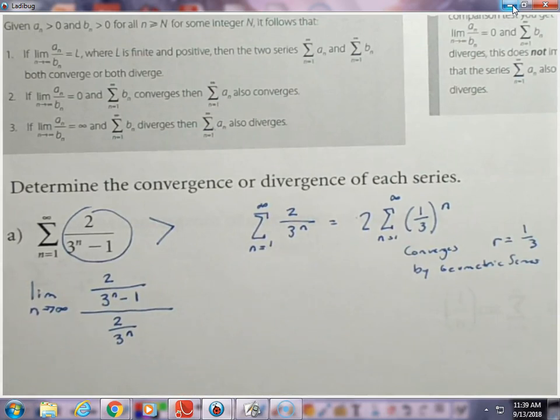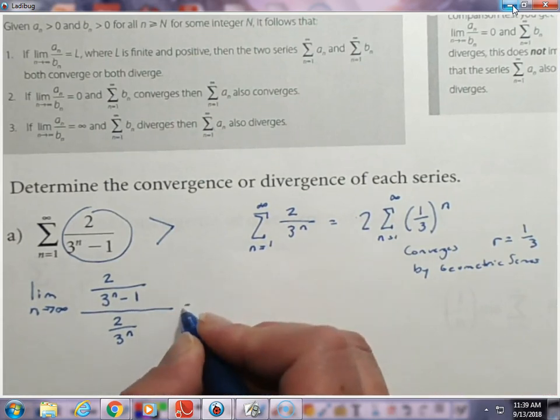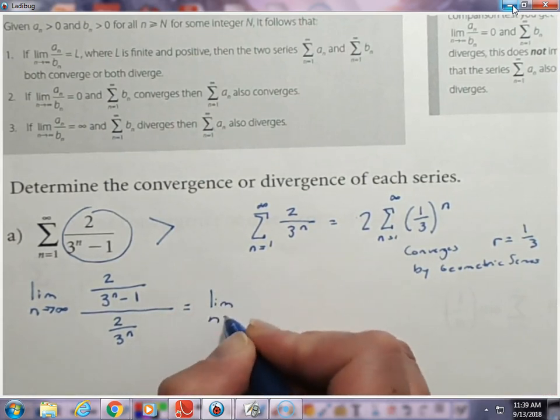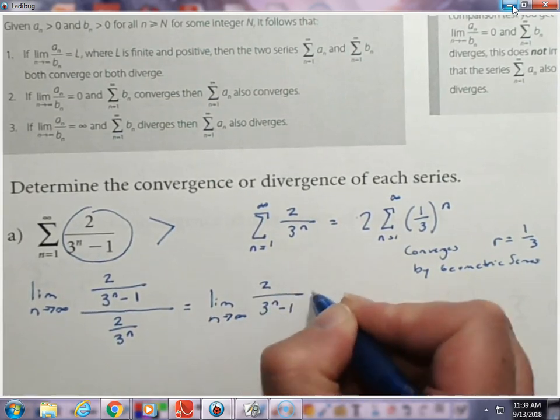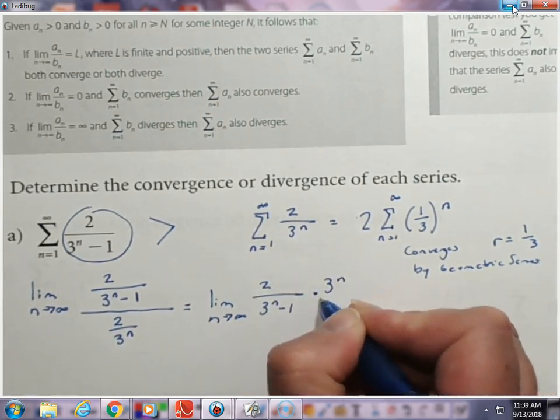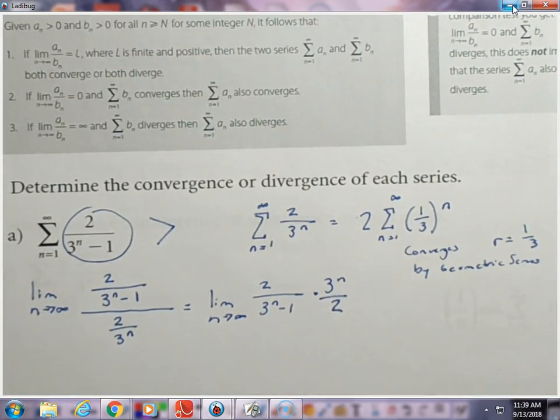So you leave off the summations. Again, I'm trying to see what's growing faster, or if it's growing at a reasonable rate, or exploding. The very next step, I'm going to change it to multiplication and flip the second number.